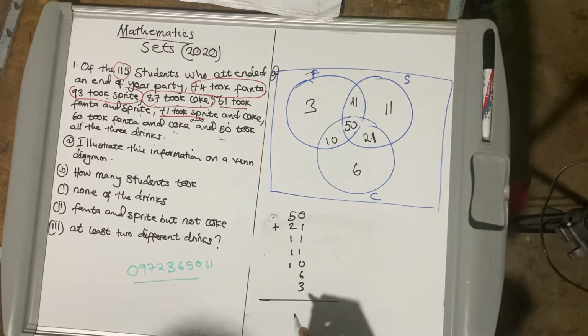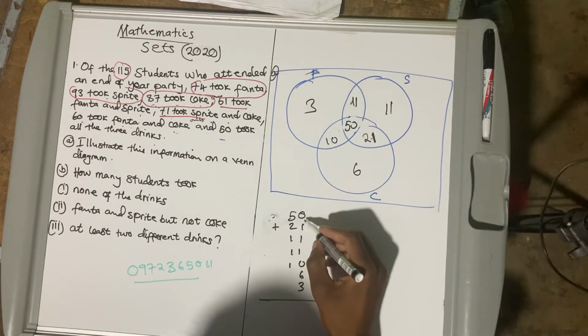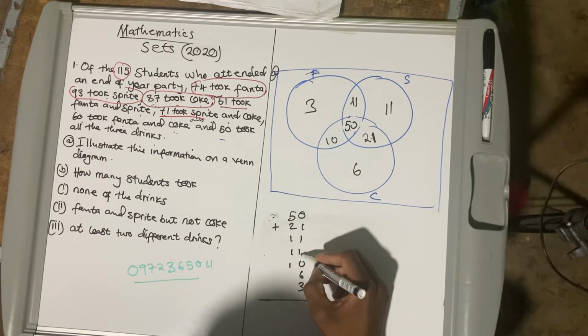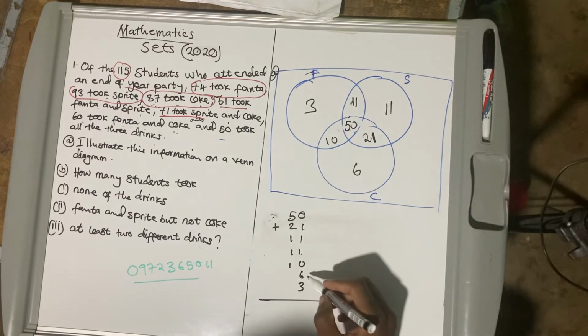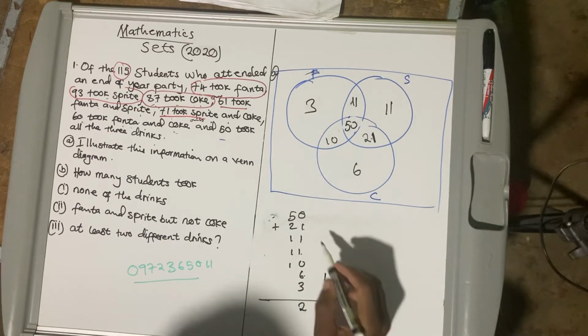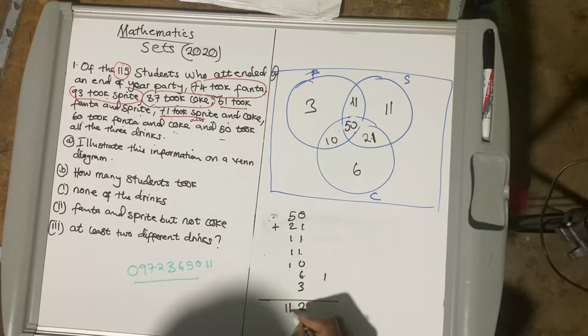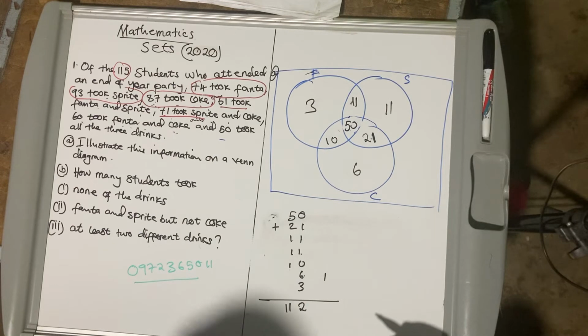We need to add and see if it's giving us 115. 1, 2, 3, then 3 plus 9 is 12. Carry 1, 7, 8, 9, 10, 11. It's not 115, you see?